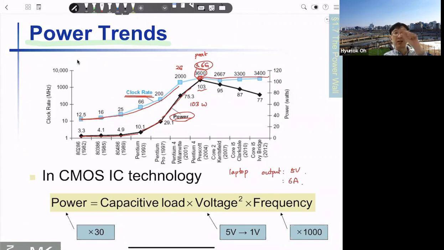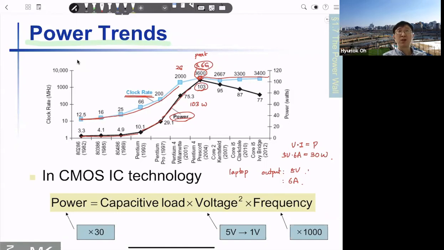So if you look at the adapter, you can see there is an output voltage and also an output ampere, right? Voltage and current make power, which is 5 volt and 6 ampere means 30 watt. So the laptop is just consuming 30 watt. But here, a single CPU itself is consuming 100 watt. It's amazing, right? So much.